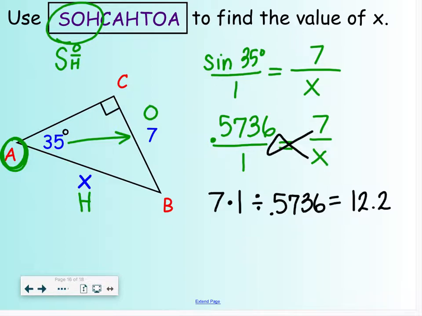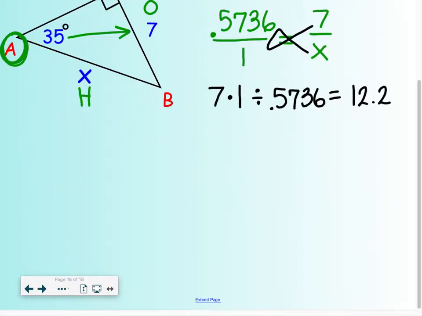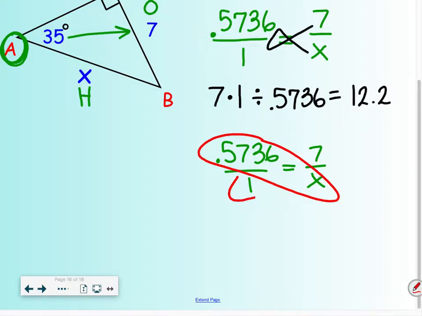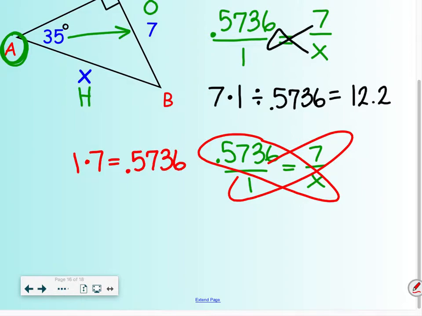12.2. Now, if you don't like to do that kind of fish method, I'm just going to show you what it would look like if you solve this doing cross products. It would be like this. So you would do this cross product and then this one. So it would be like 1 times 7 equals 0.5736 times x. 1 times 7 is 7, like this.